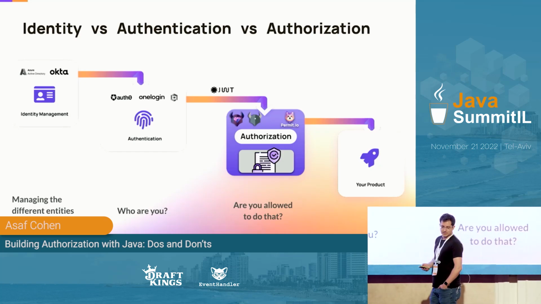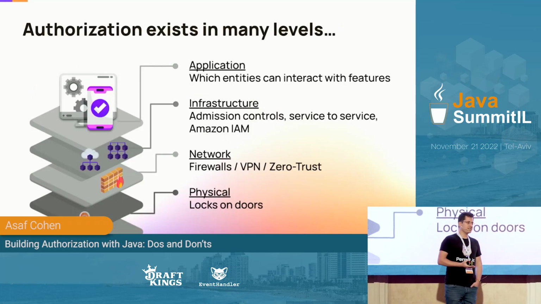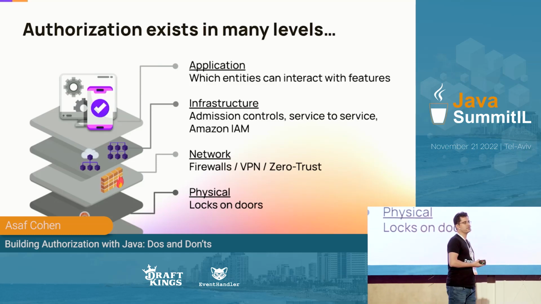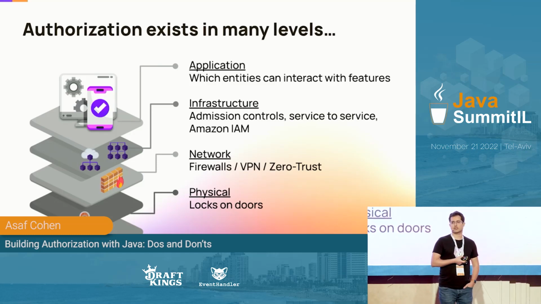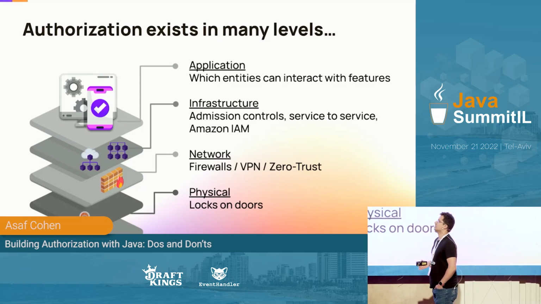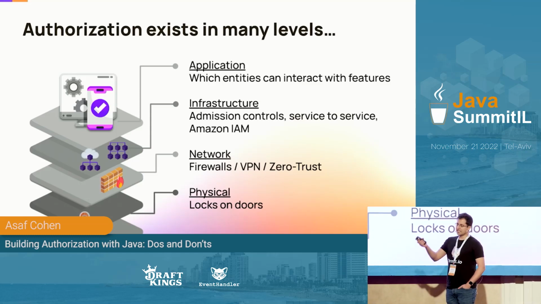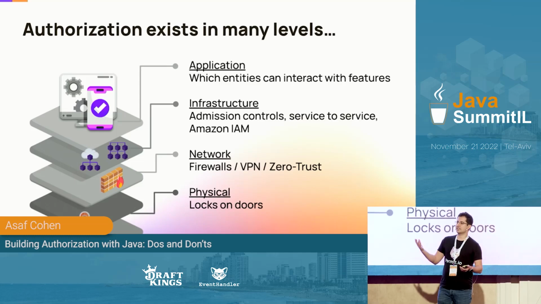Authorization exists at many levels. It's something we enforce across the stack. First, there's physical authorization. If you have a key ID to your office, it may open the office. If it's a huge corporation, it may open several doors and not others.